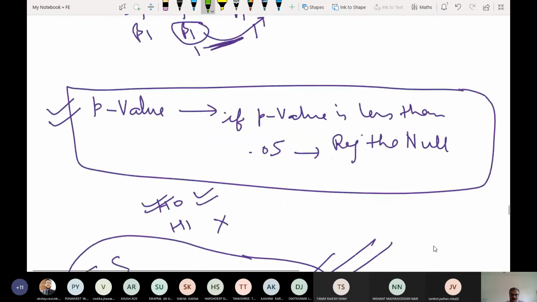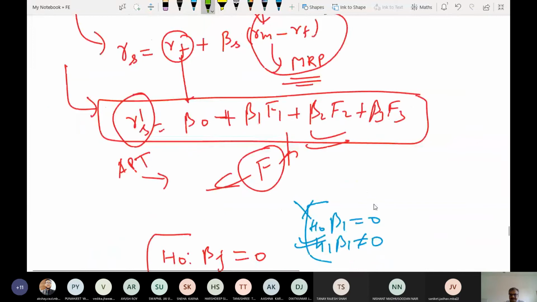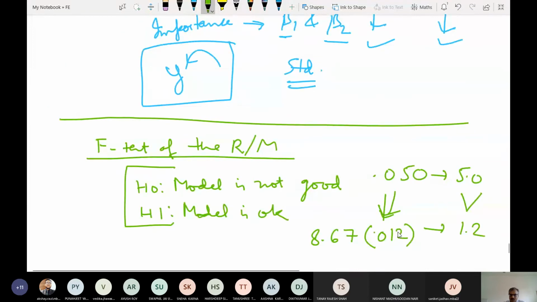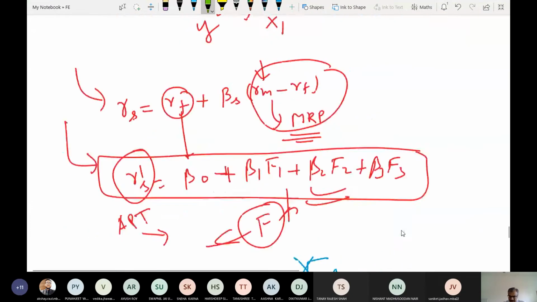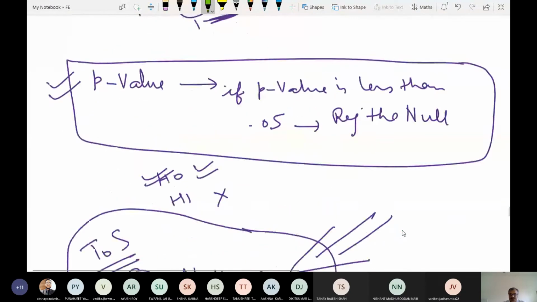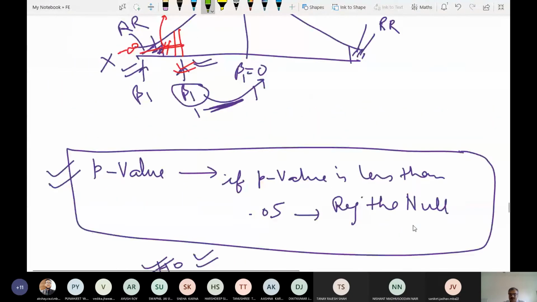Look at the p-value. The p-value is less than 0.05 as you are finding it here. So 0.05 is more than the p-value of the model. Simple. If the p-value is less than 0.05, my interpretation is reject the null.